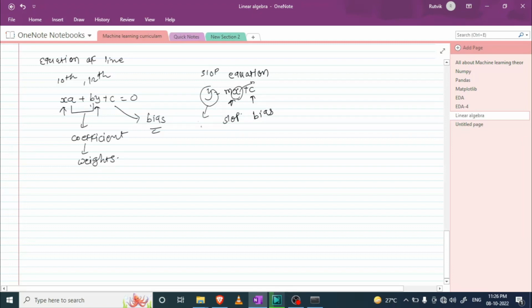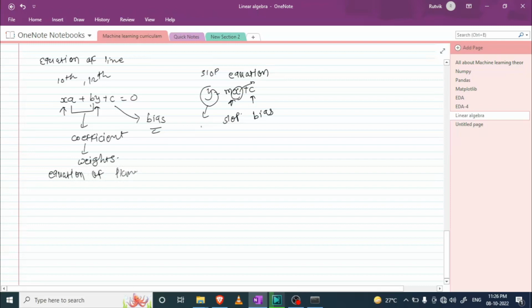After seeing the equation ax + by + c = 0, we are going to generate the equation of plane, right?